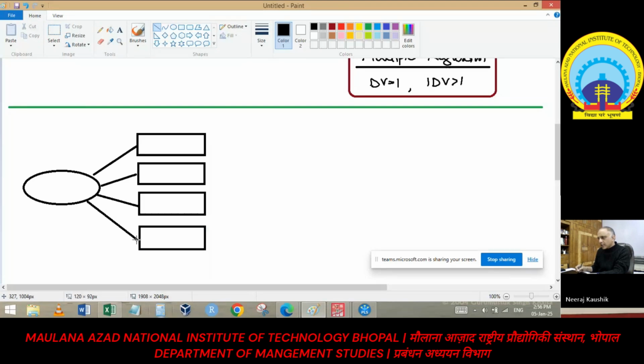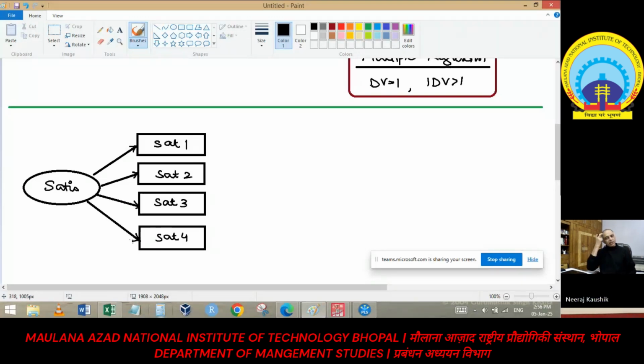And in the reflective, what is the direction of the arrow? Will it be towards the circle or towards the box? Any idea? Yesterday we discussed who comes first, what causes what, reflective and formative. Anyone remembers that? What is the direction of the arrow? Towards the box. It becomes reflective.